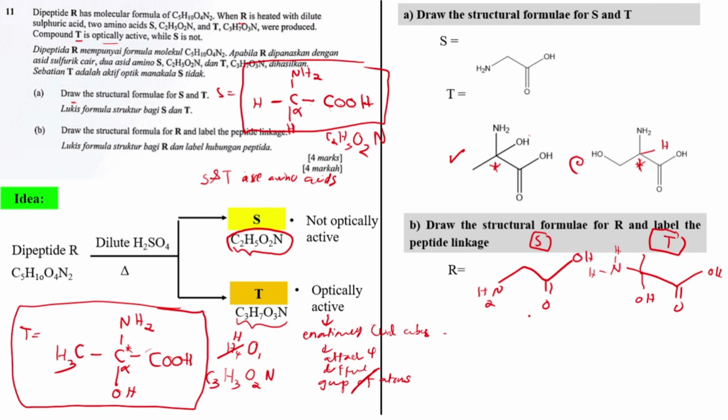Why should I expand? This is because I want to show that by removing OH and H here, an amide bond is going to be formed, so I'm going to eliminate water.